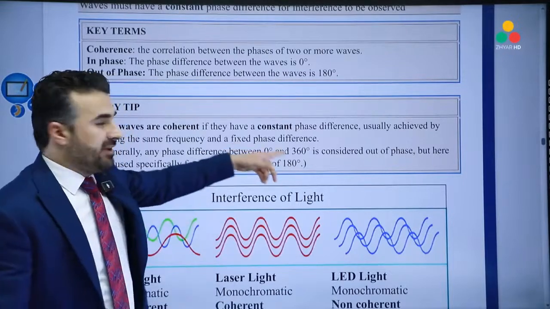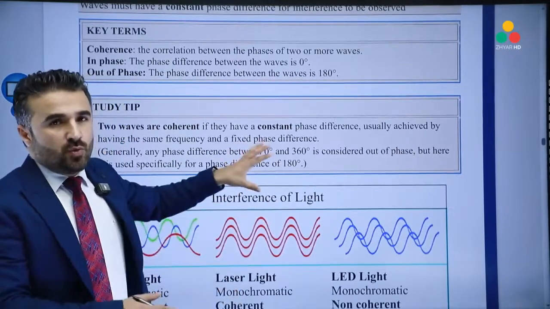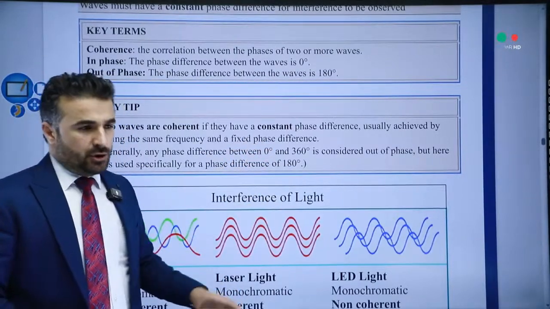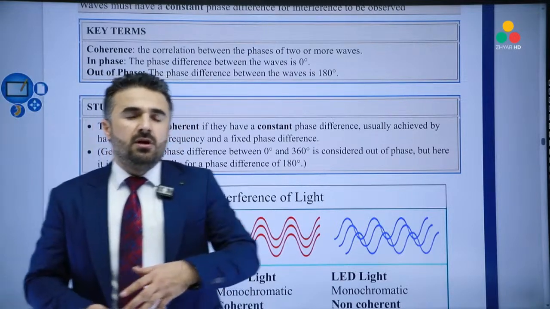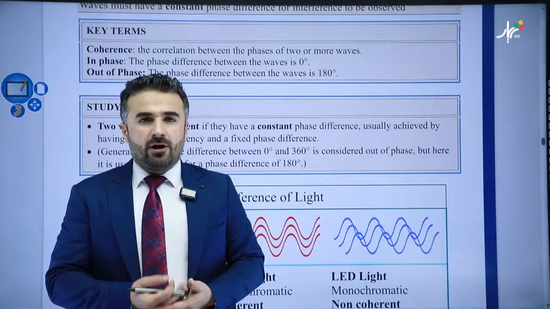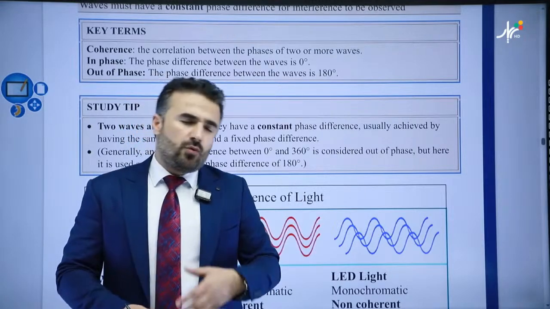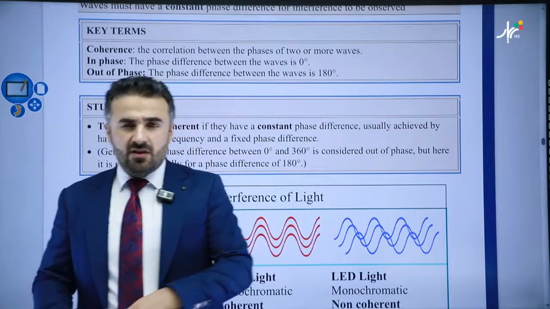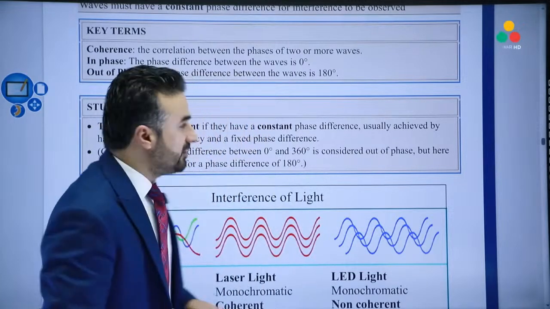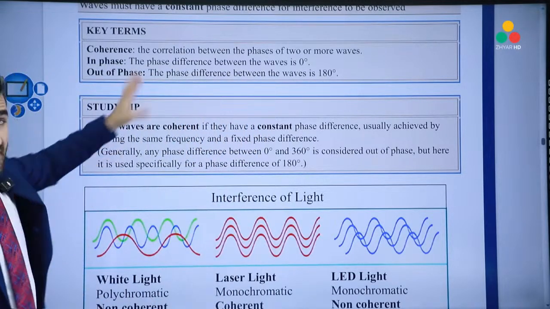That is when we say two waves are coherent. They always move with the same wavelength and same frequency relative to one another. That is basically coherence.